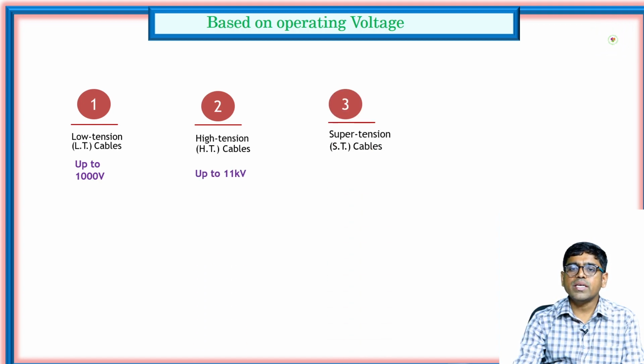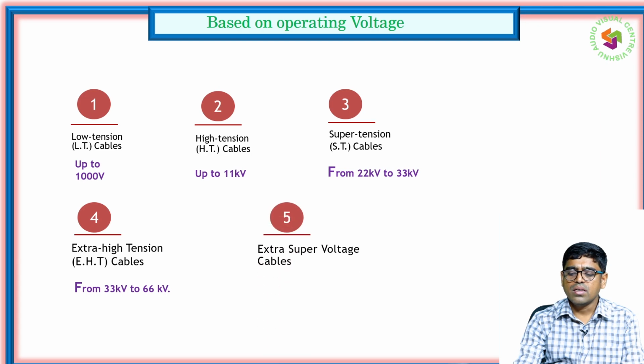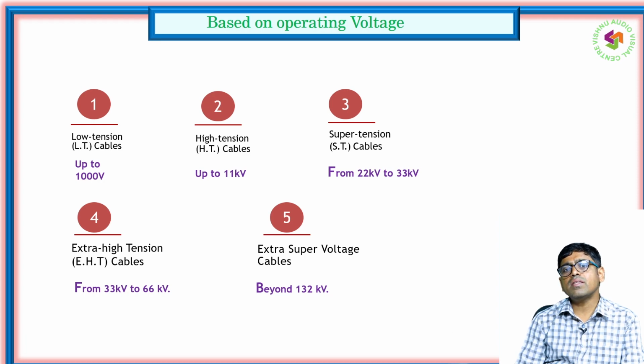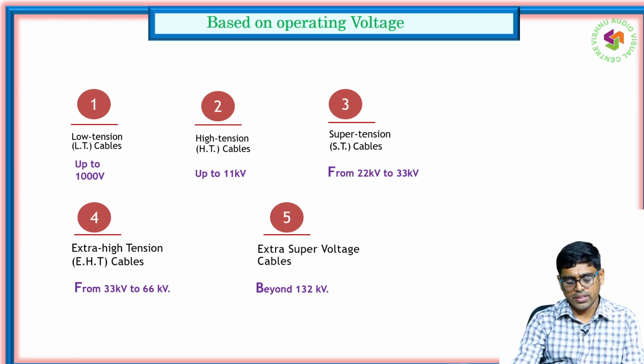Third is super tension ST cables, from 22 kV to 33 kV. Fourth is extra high tension cables, from 33 kV to 66 kV, and extra super voltage cables, beyond 132 kV. So based on the operating voltage, we can classify the cable as LT, HT, ST, extra high tension, or extra super voltage cable.